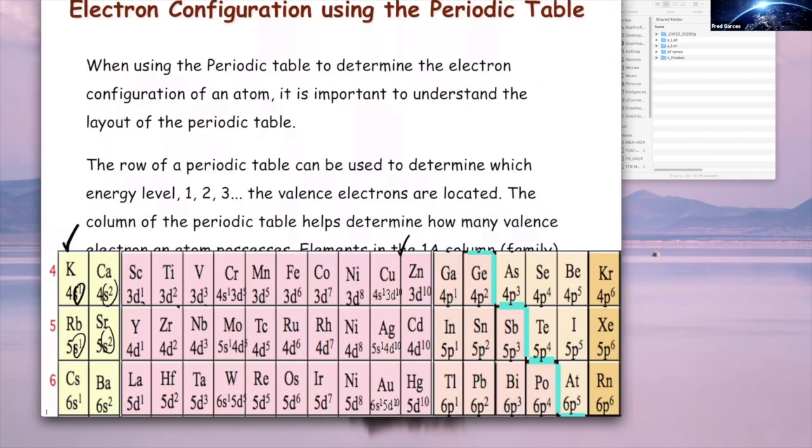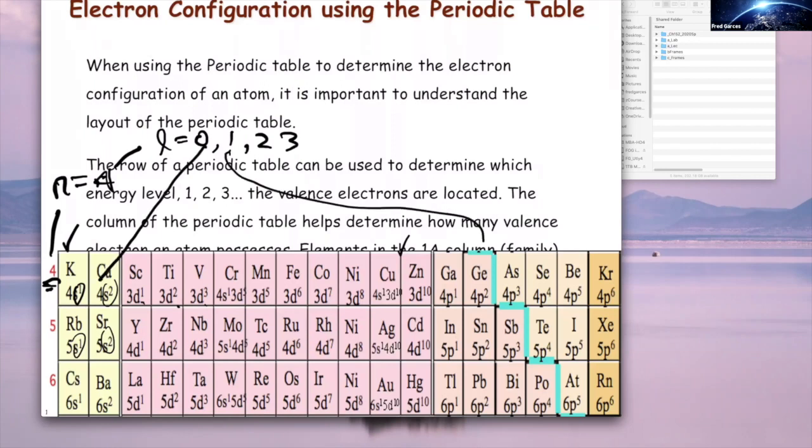And this is the 4th shell. This is n equals 4. And for n equals 4, your values for the other quantum number, L, can be 0, 1, 2, and 3. Okay, that means that you can have s orbitals in here, you can have p orbitals in here, you can have d orbitals in here, and later on you can also have f orbitals. But those are much more complicated.